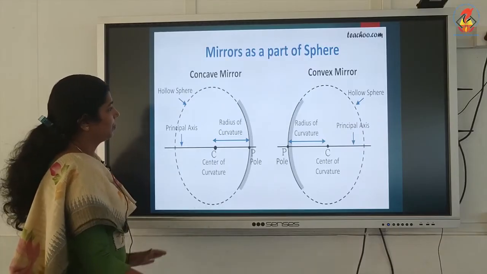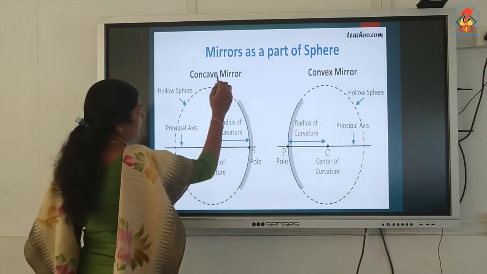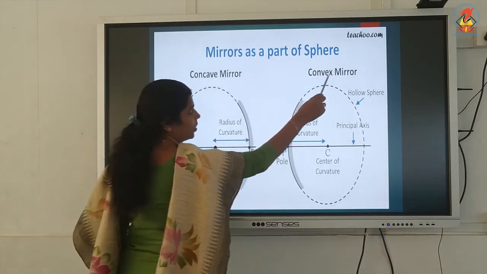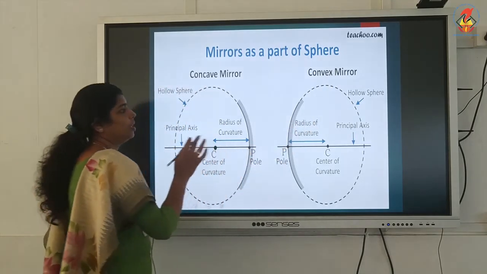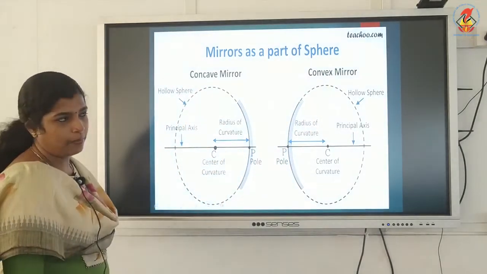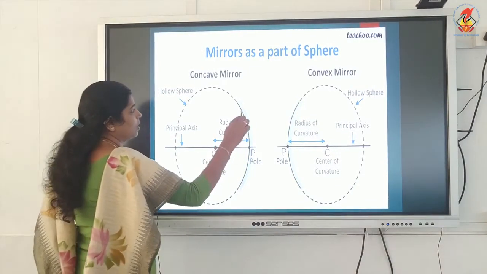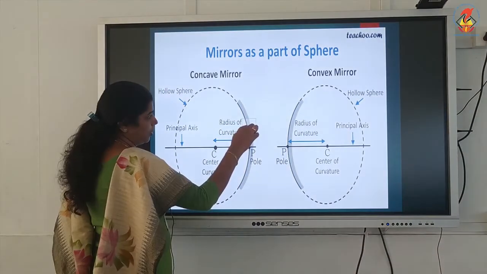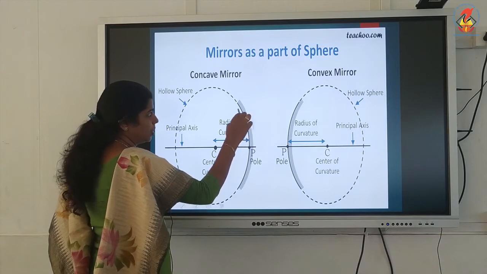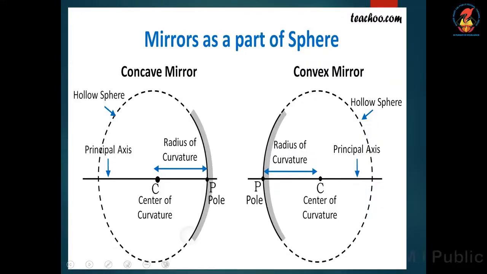So here, this one is concave mirror and this one is convex mirror. All these terms are the same for both mirrors. This surface is curved inwards, so that's a concave mirror.